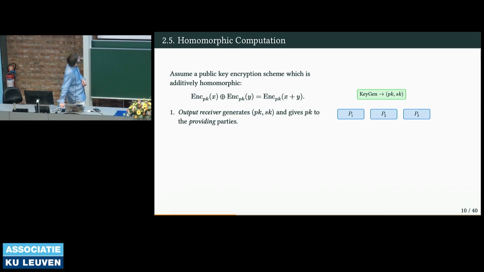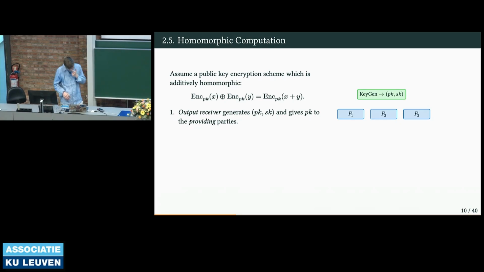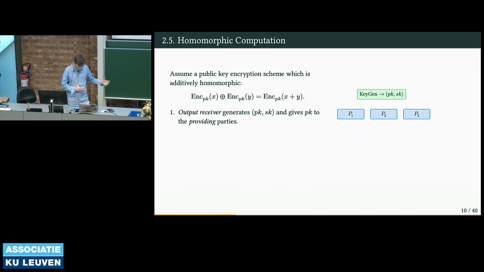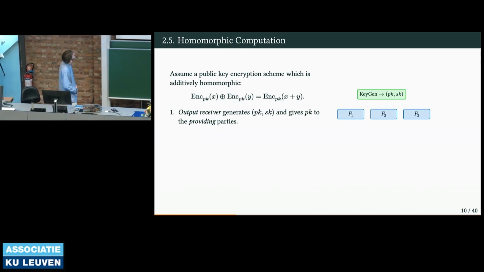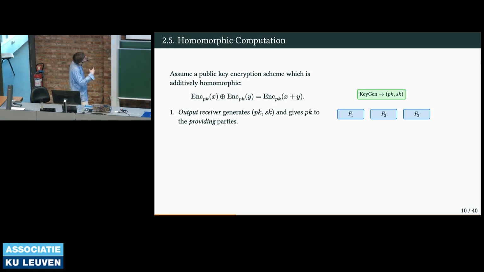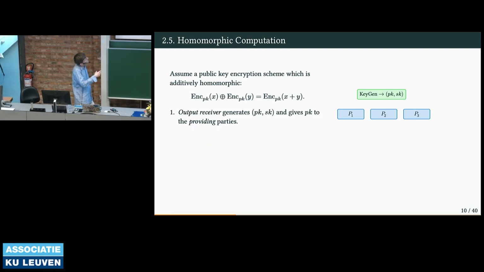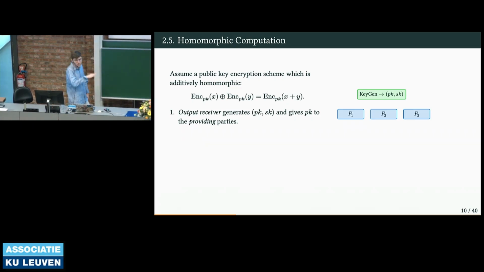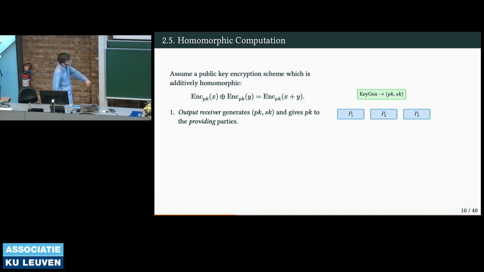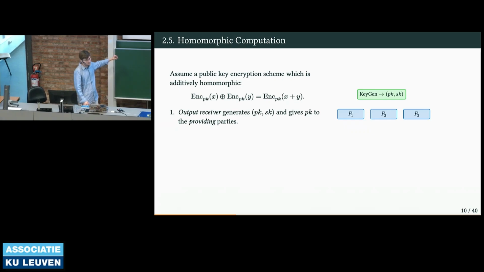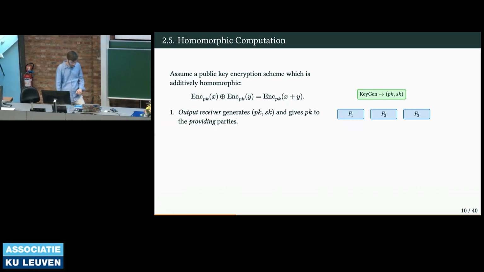Once you have something like this, we can look at our running example of computing averages a bit. This time, we have to think even more about who's doing what: which party, with which role, is doing what operations in the protocol. You see that we actually start with the output receiver, and they generate the key pair.